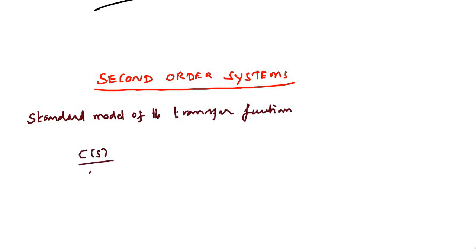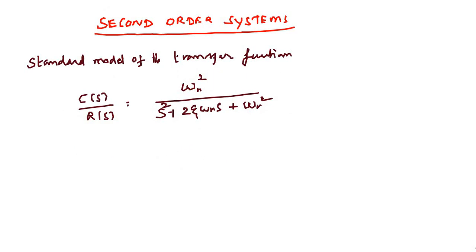C of s divided by R of s is equal to omega n square divided by s square plus 2 zeta omega n s plus omega n square. This is the standard model of the transfer function where the denominator has a quadratic equation.